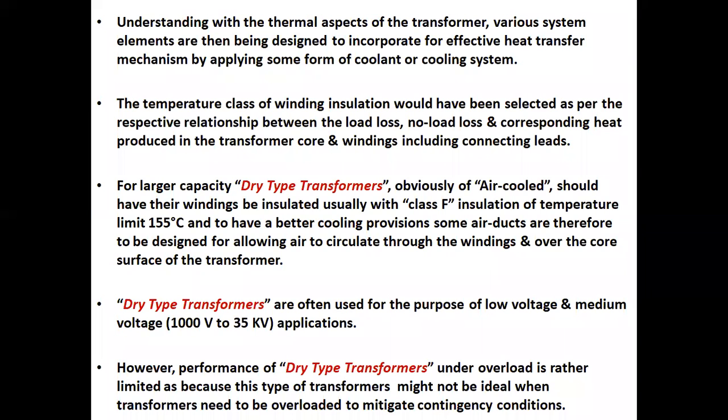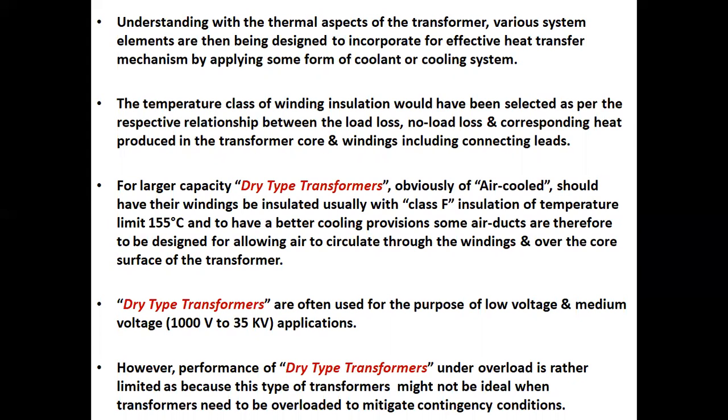The temperature class of winding insulation is selected as per the relationship between the load loss, no load loss, and corresponding heat produced in the transformer core and winding, including connecting leads.